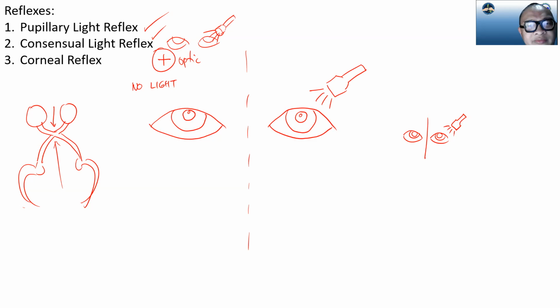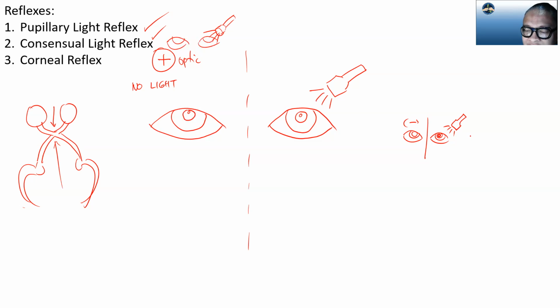Okay, you shine a light there. What if this one constricts, but this one did not constrict? What is right and what is wrong? What's intact and what is not?